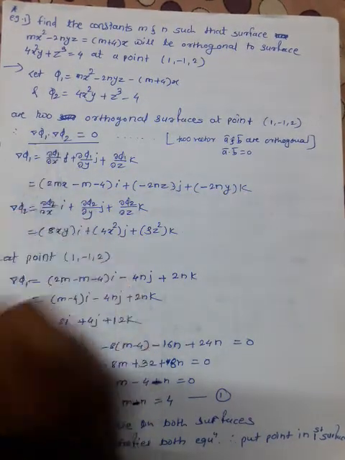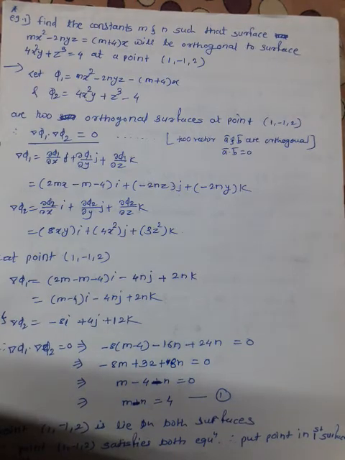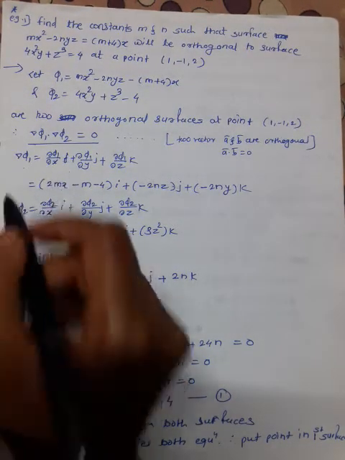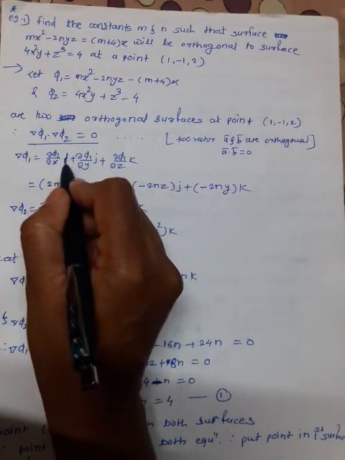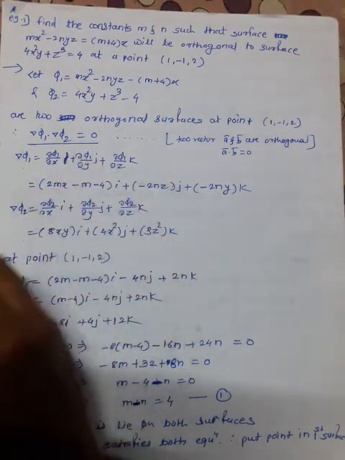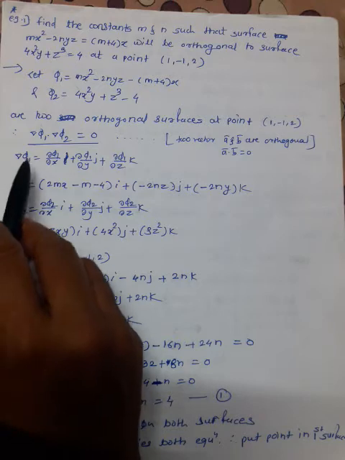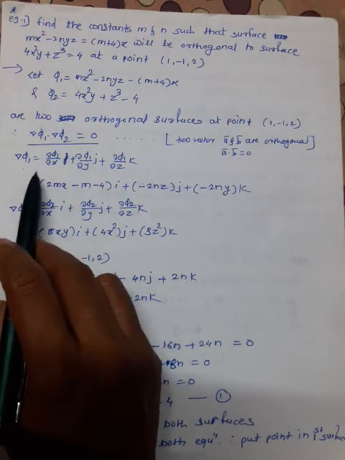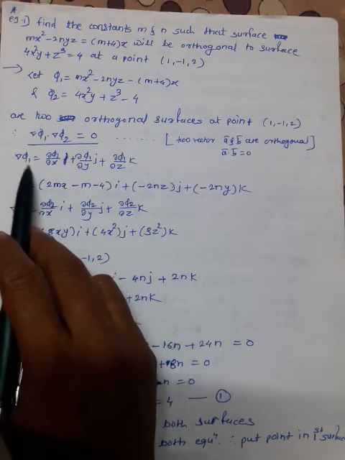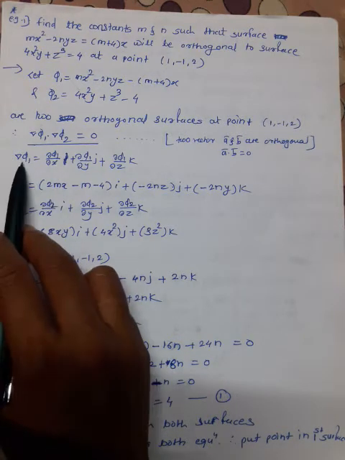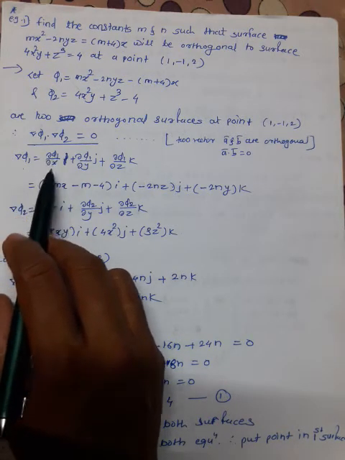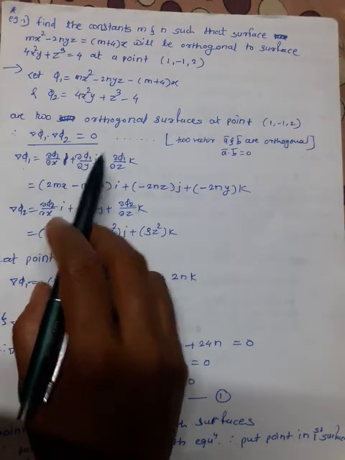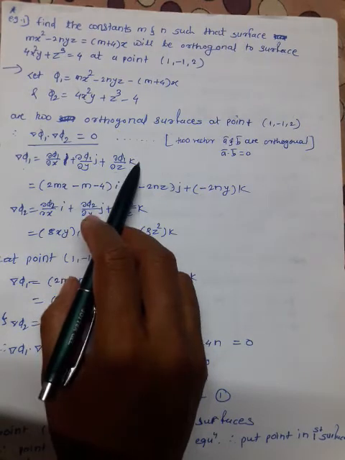We have to calculate both entities. First one is del phi 1. Phi 1 is a function of x, y, z, right? Therefore del phi 1 is a normal vector, which is the gradient of phi 1: del phi 1 by del x i, plus del phi 1 by del y j, plus del phi 1 by del z k.